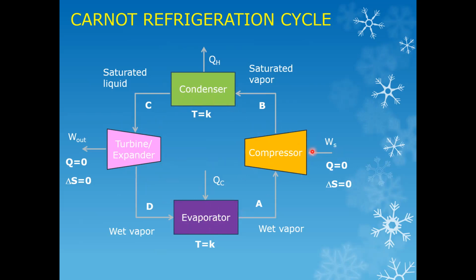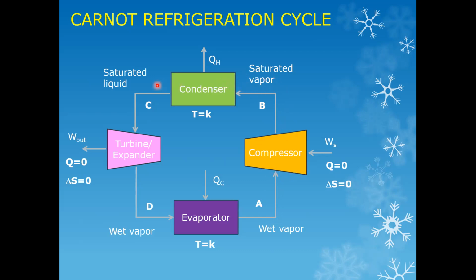So work is done on the compressor, adiabatically and isentropically. Now, our refrigerant from wet vapor becomes saturated vapor upon passing the compressor.